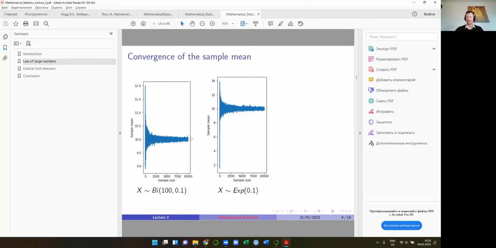You see that I'm going closer and closer to the target, even though I don't know what the target is. But I know that if the sample size is large, then with high probability I'm going to be very close to this target.